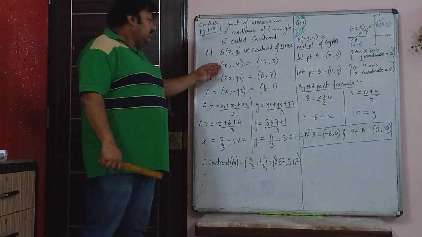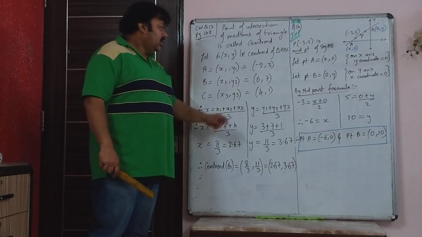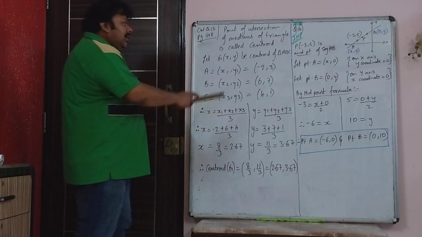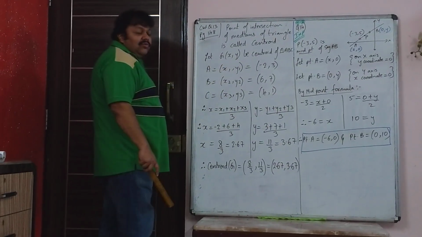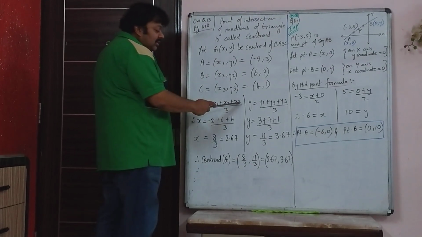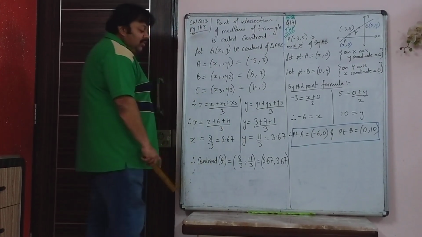You know x1, x2 and x3: minus 2, 6 and 4; y1, y2 and y3 is 3, 7 and 1. And let G(x, y) be the centroid of the triangle. So centroid formula, x is (x1 plus x2 plus x3) upon 3 and y is (y1 plus y2 plus y3) upon 3.